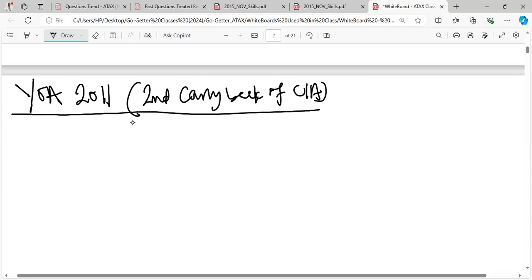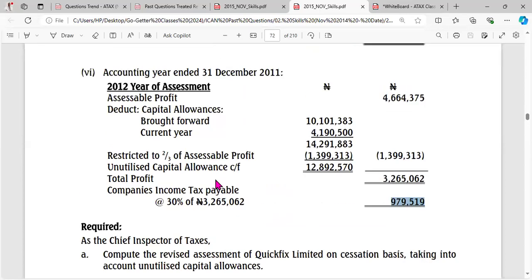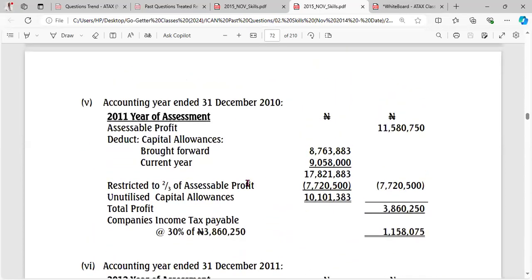So what do I need to do? Total profit. In total profit, I'll just go for what was done in 2011.